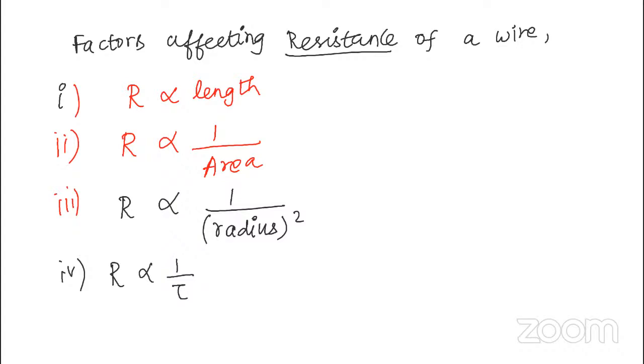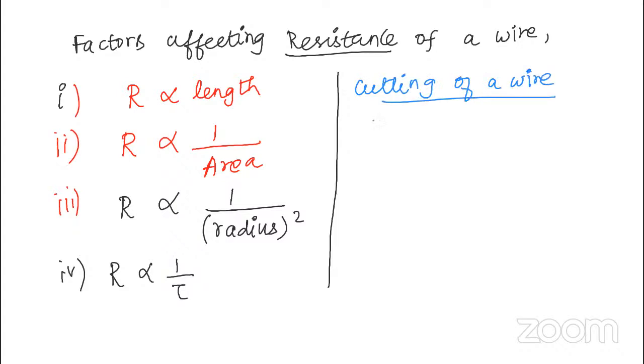Suppose you are cutting a wire, or we take a long wire and cut it into pieces, then for calculating one part, what is the formula? Okay, let us now look at cutting of a wire. A wire is taken and it is cut into n equal parts.